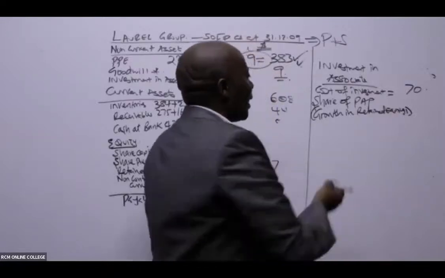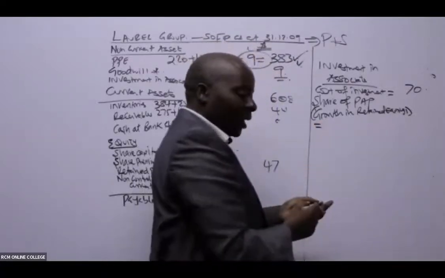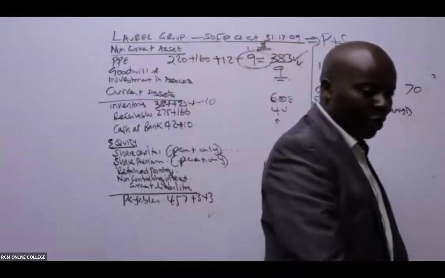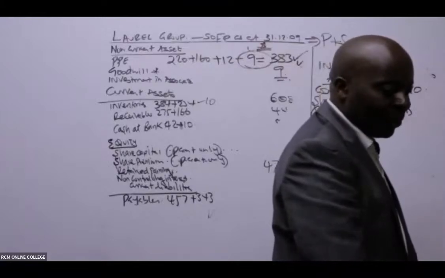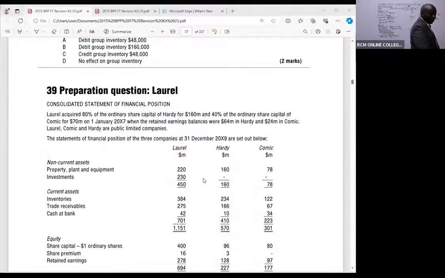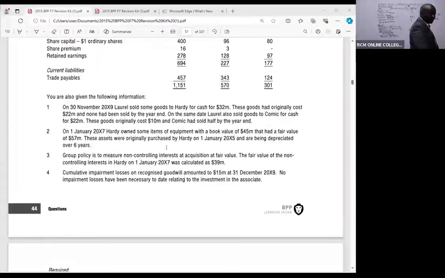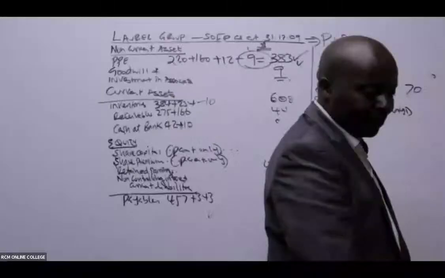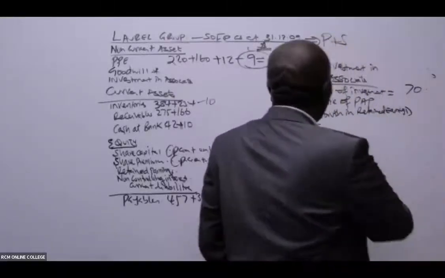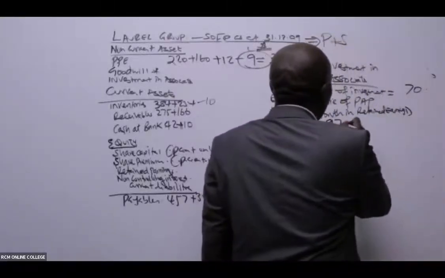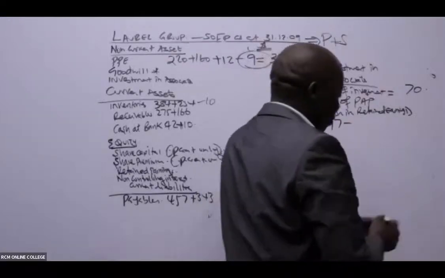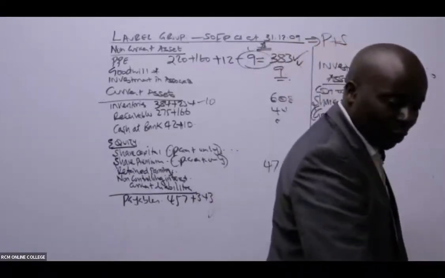Only PAP here, not net assets. So simply come and give me the retained earnings of Comic. You can see it's 97 at reporting. And then at acquisition, how much was it when we were acquiring this?